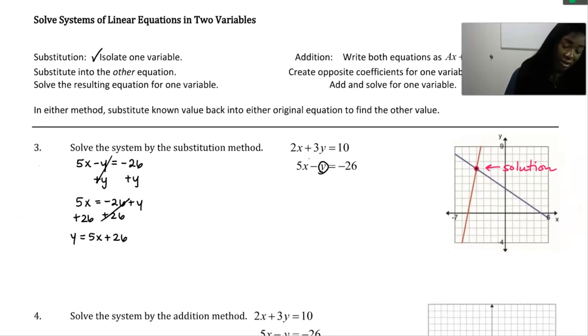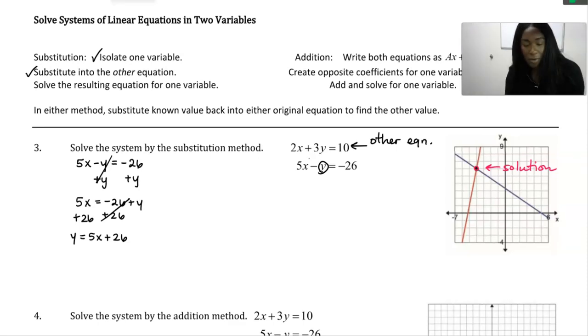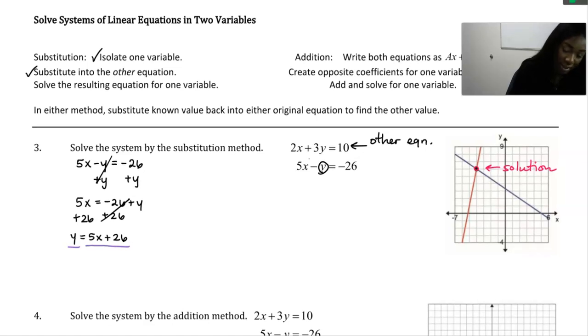Now that I have isolated one variable, we're going to go on to the next step, which is why this method is called substitution: we are going to substitute into the other equation. The other equation, the one that we did not use, is this one. EQN stands for equation. So we know that y is equal to 5x plus 26.